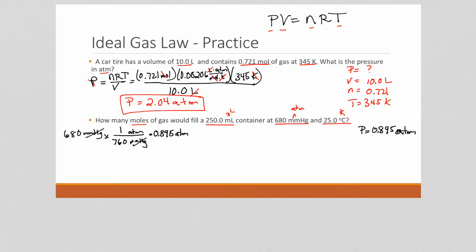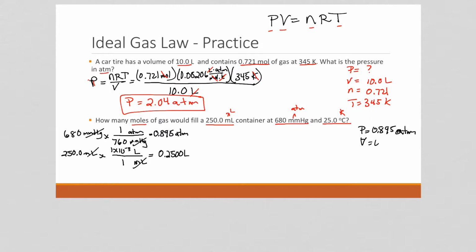Now my volume, I have 250.0 milliliters, and I need to turn that into liters. My conversion between milliliters and liters is that 1 milliliter is 1 times 10 to the minus 3 liters. If I do my calculation, I get 0.2500 liters. Milliliters cancel out.